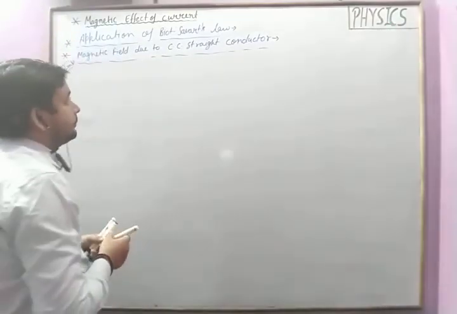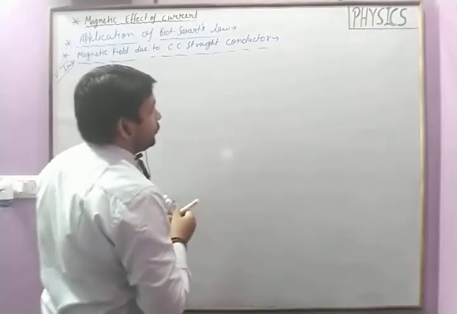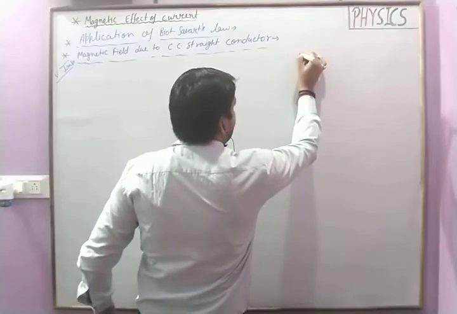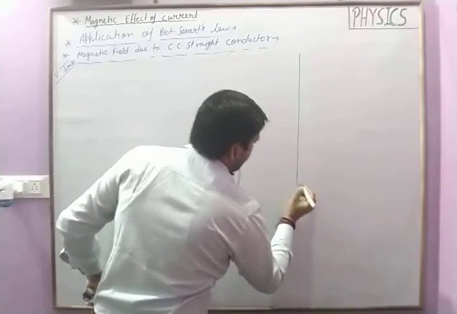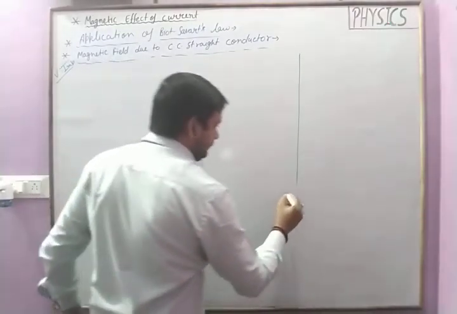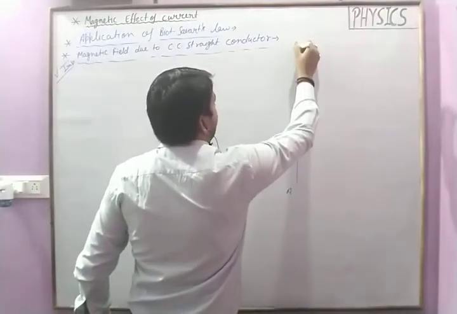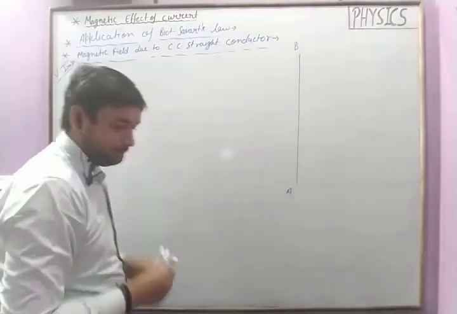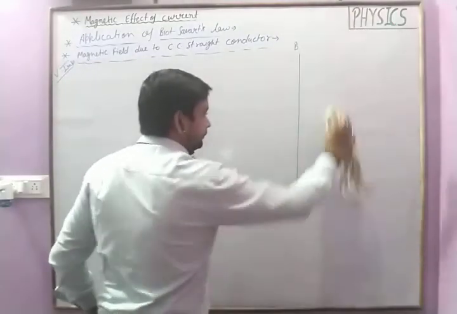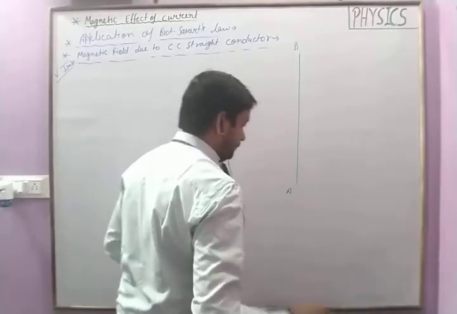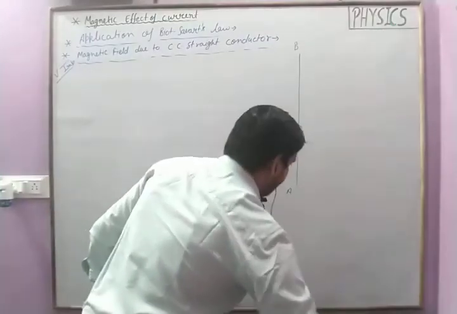Suppose we have a current wire AB. Clear? Current wire AB.